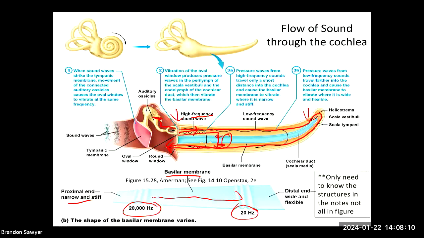But usually a sound that comes into our ear contains many frequencies, right? And so part of it's going to stimulate this part, then part of it's going to stimulate further, right? But if it's just a uni pitch sound that goes in, then it would really just stimulate one part. It would pass through the cochlear duct there, and that's all dependent on that stiffness of the membrane there on the bottom. And we'll get into that a little bit more next time too as well.